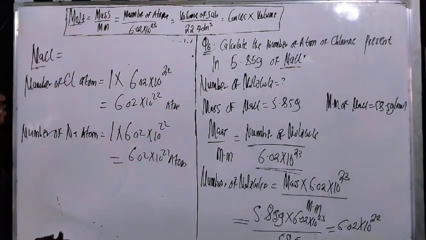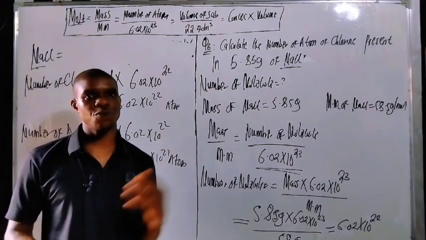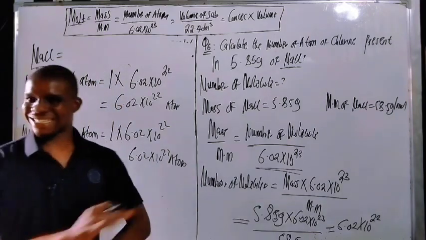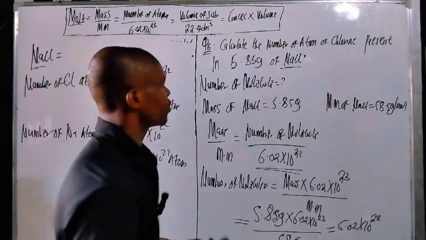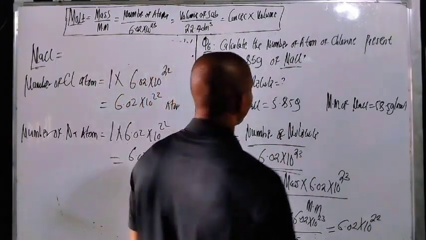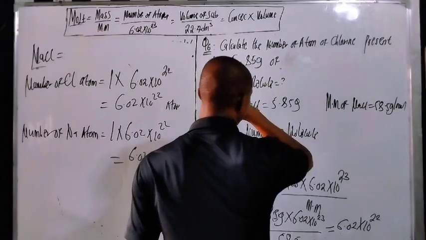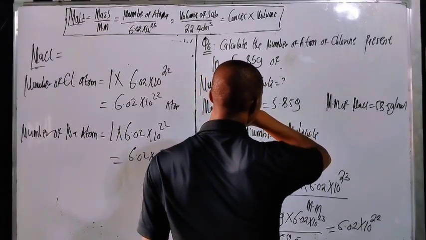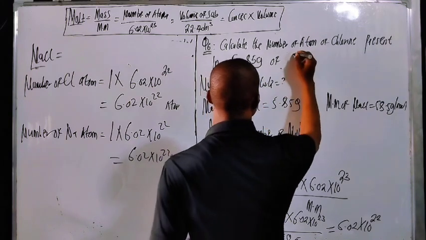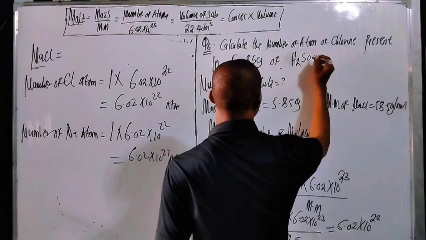Now if it's a compound that you have 2 or 3, you multiply by 2 or 3 depending on the numbers of atoms you have in that compound. Do you understand? As easy as that. So now let me leave you with one question. Now let's say this is H2XO4.